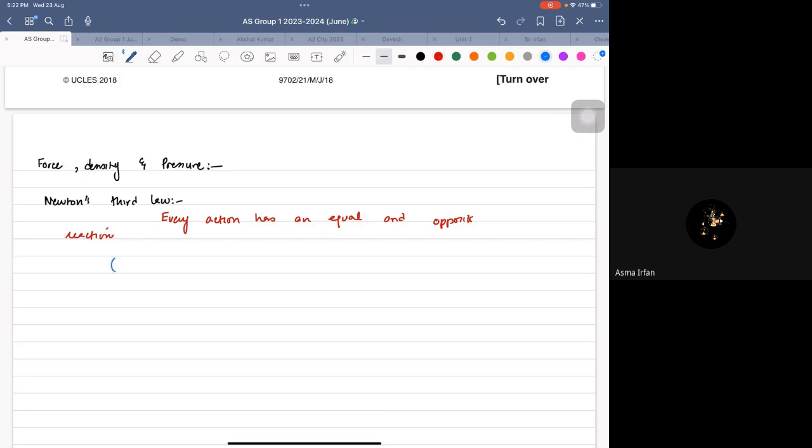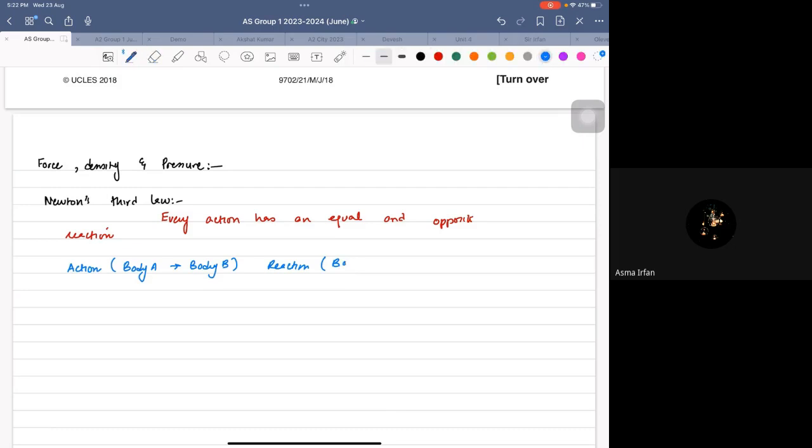What I mean by this is that when you're talking about action, let's suppose body A applies a force on body B. Then the reaction must be between body B and body A as well.